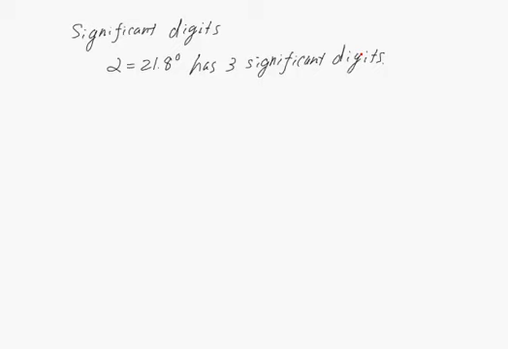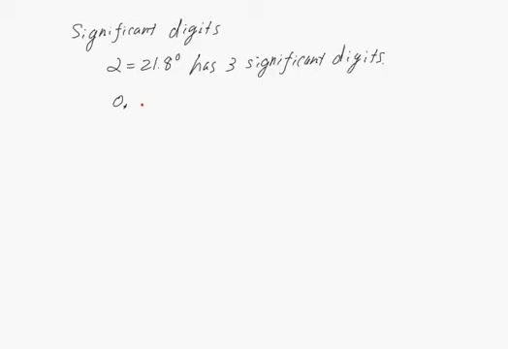And if a number has no non-zero digits to the left of the decimal point, for example, you have only 0 to the left of the decimal point, then the zeros that follow the decimal point but precede non-zero digits are not significant.